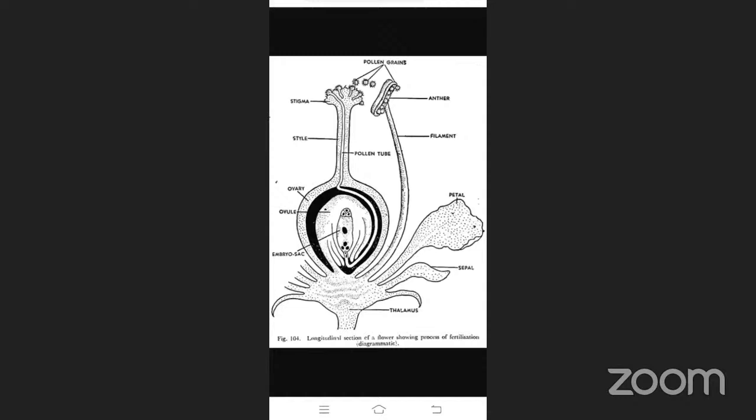After that, the egg nucleus plus another male nucleus fused to form a zygote. This is double fertilization, and triple fusion occurs in the angiosperm. So the second and third are the fertilizations.